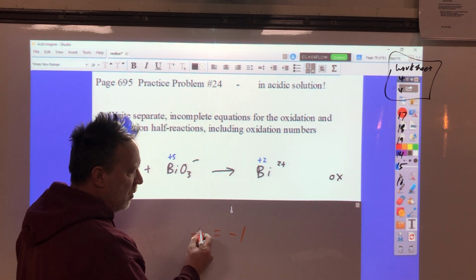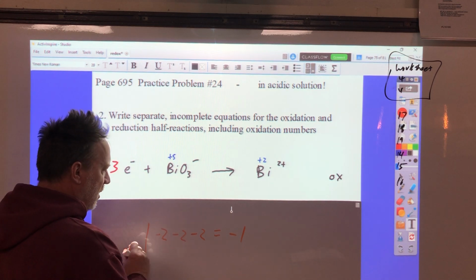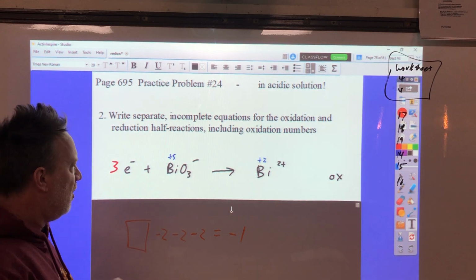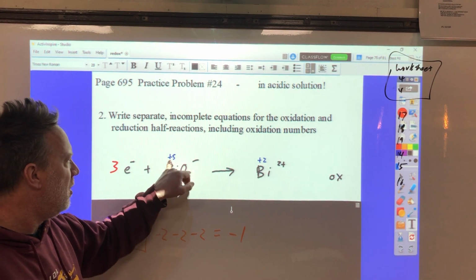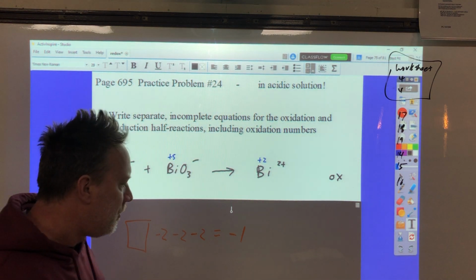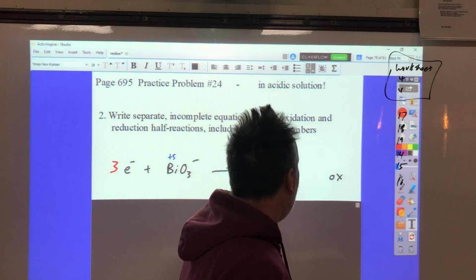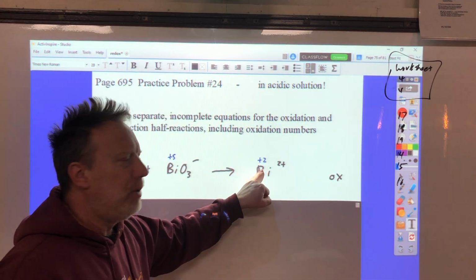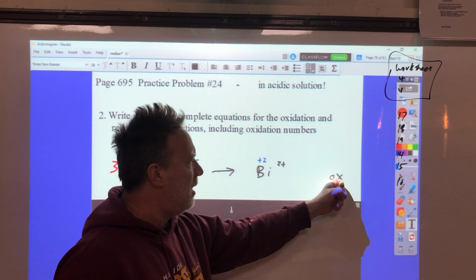There's 3 oxygen, minus 2, minus 2, minus 2, and something. Well, 5 minus 2 minus 2 minus 2 gives us negative 1. So the oxidation number for bismuth there is plus 5. Here it's plus 2. It has to gain 3 electrons to do that, and it's oxidized.